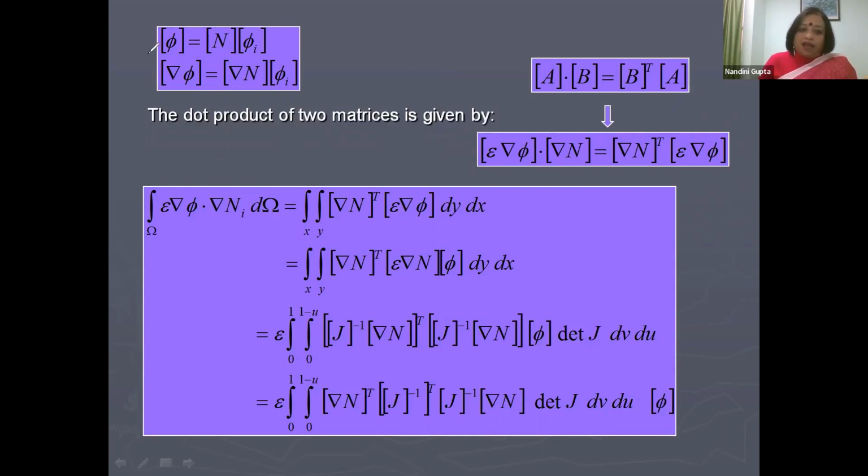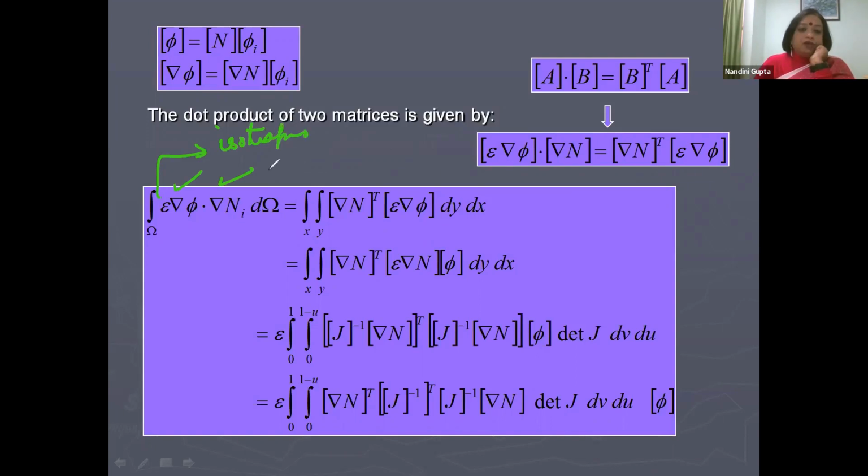So having done that, we have evaluated grad n. We now need to evaluate grad phi. Epsilon I have taken out because we are considering epsilon to be isotropic and homogeneous.